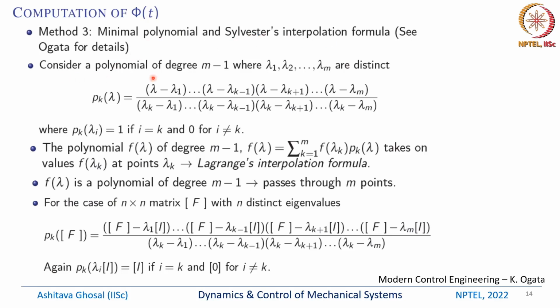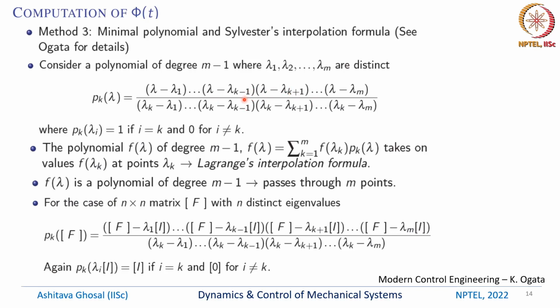If you consider a polynomial of degree m minus 1, where lambda 1, lambda 2, and so on, all these eigenvalues are distinct, then I can define a polynomial P_k of lambda in this form: lambda minus lambda 1, and so on, lambda minus lambda k minus 1, lambda minus lambda k plus 1.